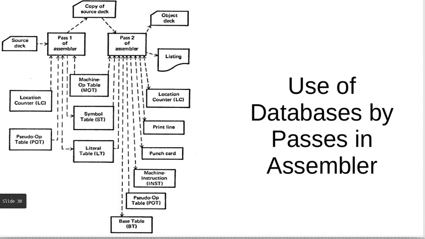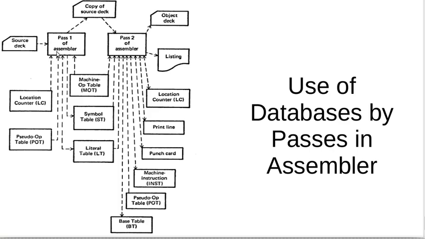In the next slide, we can see the databases that are used in different passes of an assembler. Right now we are dealing with a 2-pass assembler. In pass 1 we have a source program which is fed as input.